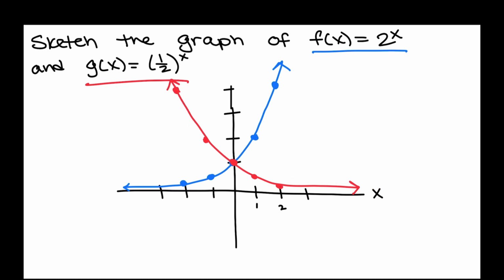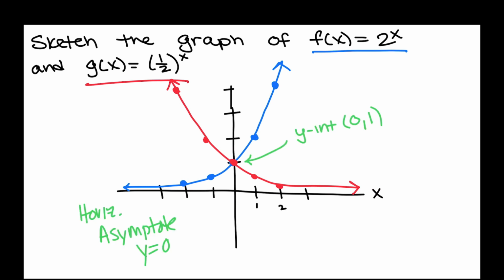So these graphs actually look pretty similar, other than one's increasing and one's decreasing. In fact, they both have the same y-intercept at 0, 1, and they both have a horizontal asymptote at y equals 0. Just 2 to the x has that horizontal asymptote on the left. 1/2 to the x has the horizontal asymptote on the right.